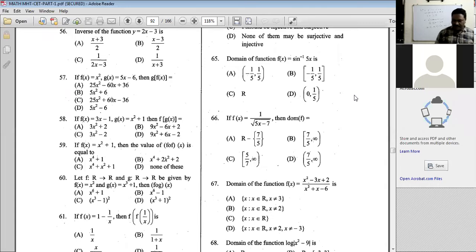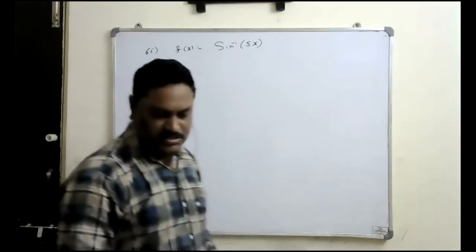What is the domain of the function f of x is equal to sine inverse 5x? How to find the domain of this? Just observe this.